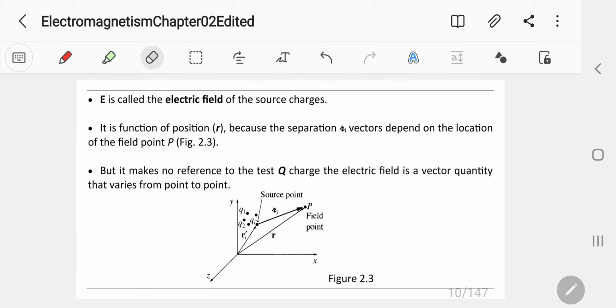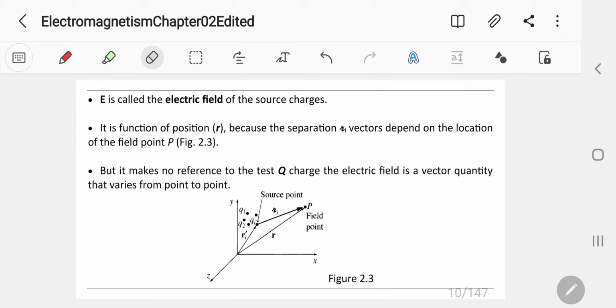So electric field is denoted by E, and that is radiated by the source charges. The electric field is a function of position r, because the separation vector depends on the location of the field point.